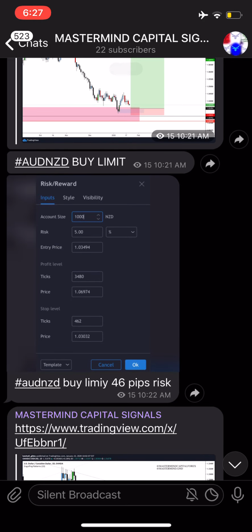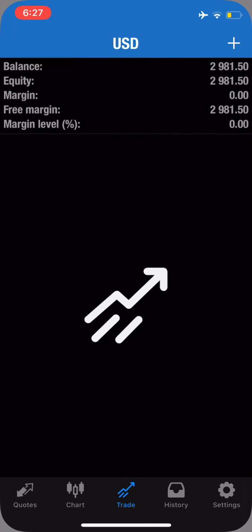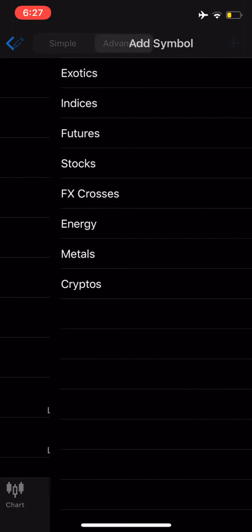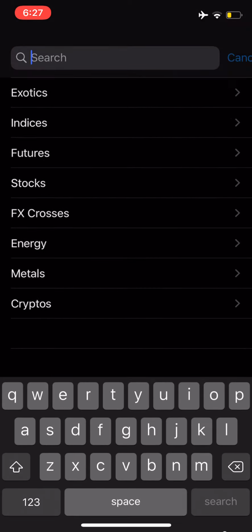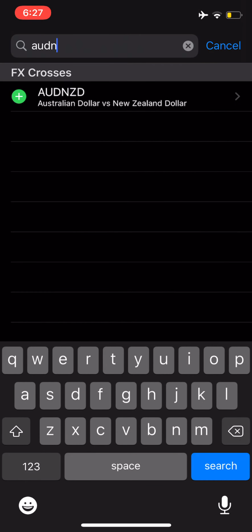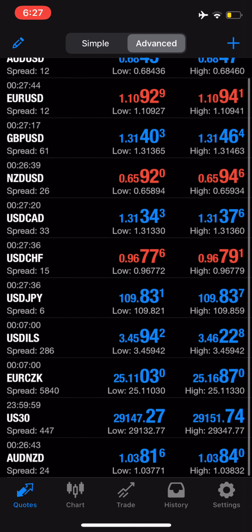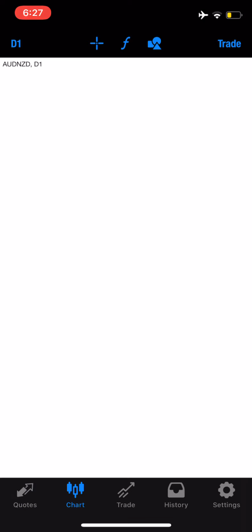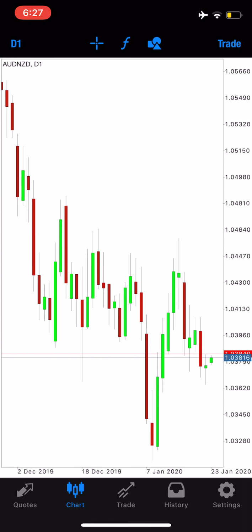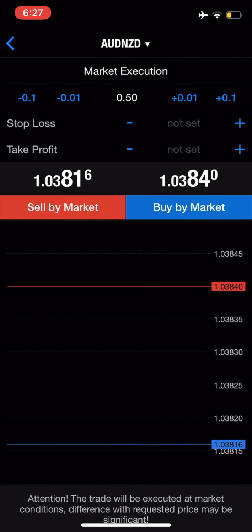So with this information now, you go on to your MetaTrader 4. You look for Australian dollar, New Zealand dollar, right? You add it if it's not there. You look at the chart, and then you can click trade, right? Now this was a buy limit, meaning that we're buying under the current market price, right?